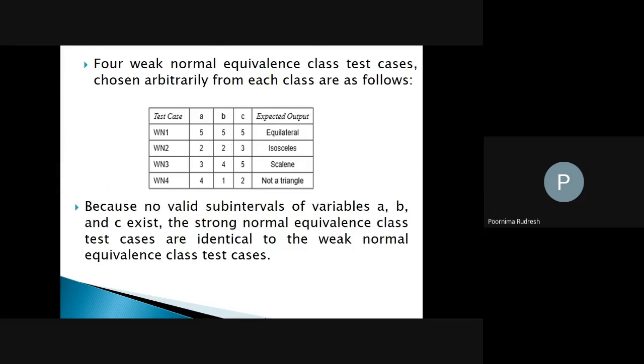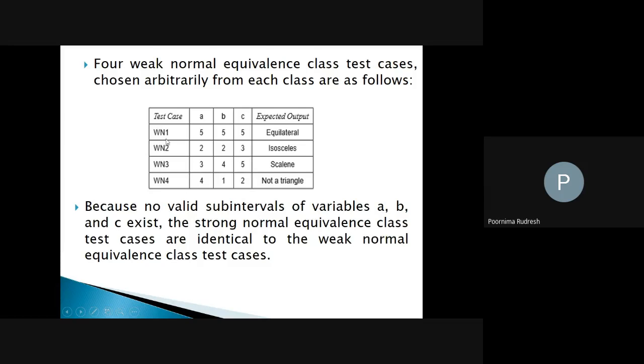So first we'll see the types of equivalence class. First we'll consider it for weak normal equivalence class. Next we'll consider it for strong normal equivalence class testing. The other two are the weak robust equivalence class testing and strong robust equivalence class testing. So first we'll consider the weak normal equivalence class. What are the test cases for the weak normal?